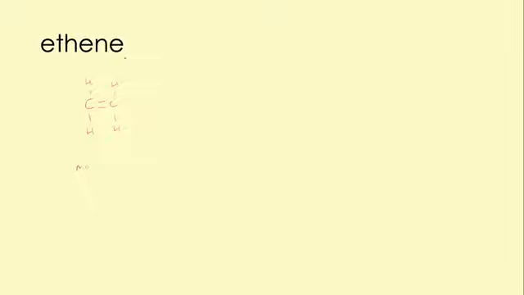So this is our monomer, which is ethene, and that's going to form the polymer polyethene. Although, as I said, in everyday life, we call this polythene because it's easier to say. What happens is the carbon-carbon double bond breaks, and then they react with each other.